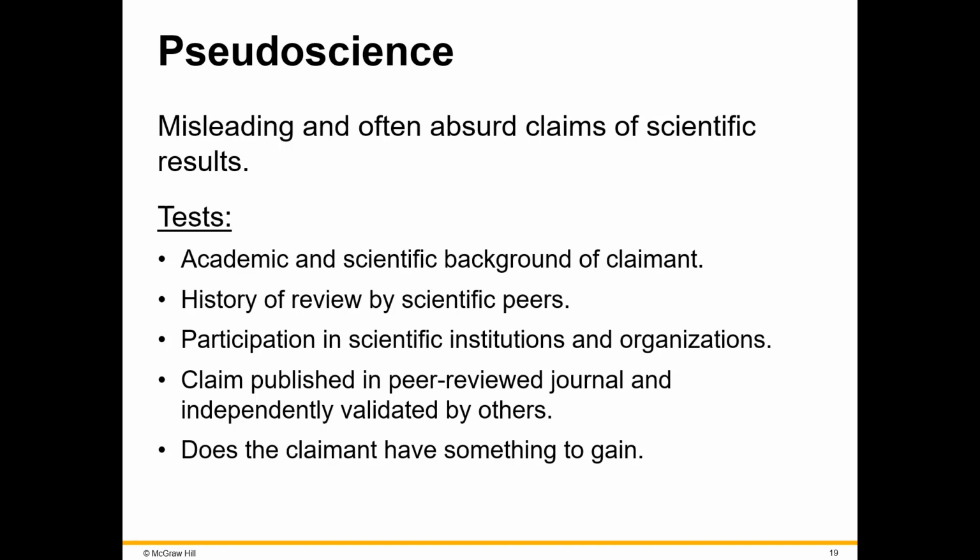Is there a history of review by scientific peers? In other words, has he published this data and come under scrutiny, or have there been other publications that follow based on his particular area that he has published, or she?